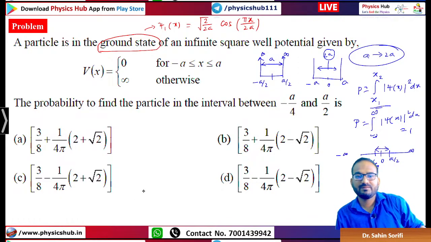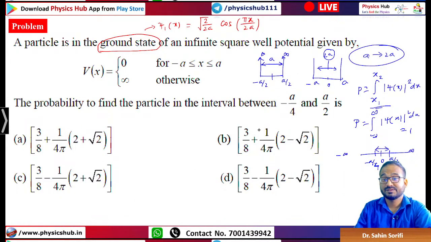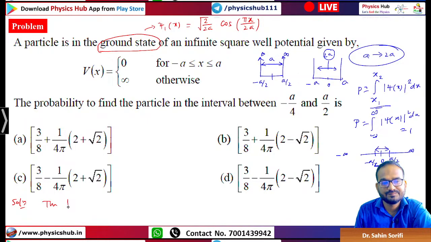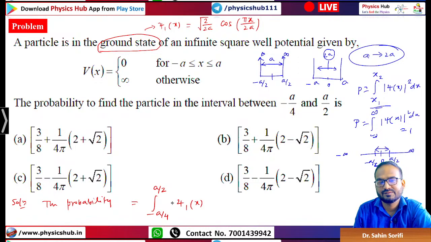So what is the probability to find the particle between this interval minus a by 4 to plus a by 4? Therefore, the required probability is equal to the integral, with limit minus a by 4 to plus a by 2, of mod psi of x square, so psi 1 of x mod square dx.